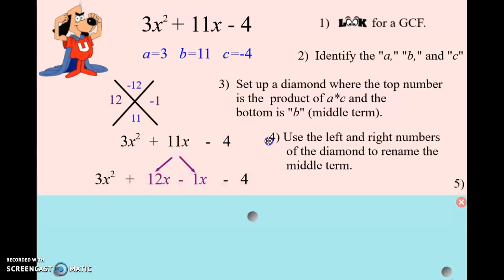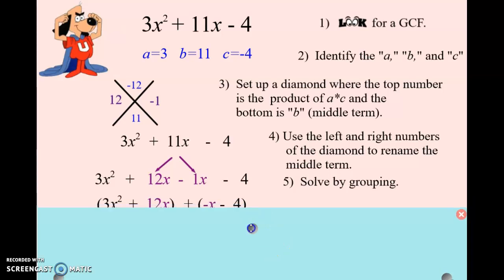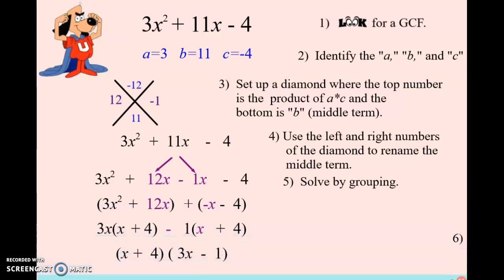Next, use the left and right numbers of the diamond to rename the middle term. Solve by grouping. You should have gotten this as an answer. Check your problem by foiling it and make sure that you get the same answer that you started with.